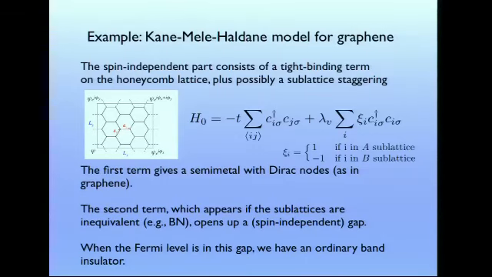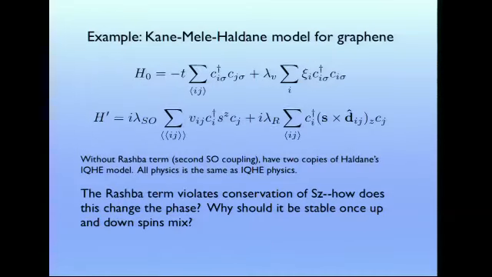So an ordinary insulator, one way to open up a gap in graphene would be if the 2 sublattices, like the left site and the right site of a horizontal bond, had different potentials, so-called staggered potentials independent of spin, open up a gap and give me a very boring insulator. But if I start to think about spin-dependent terms, then I get something interesting.